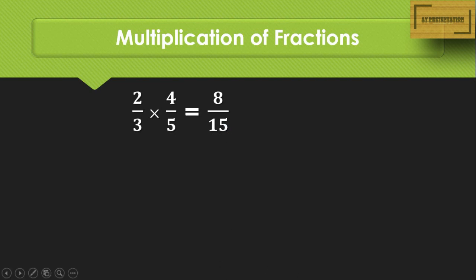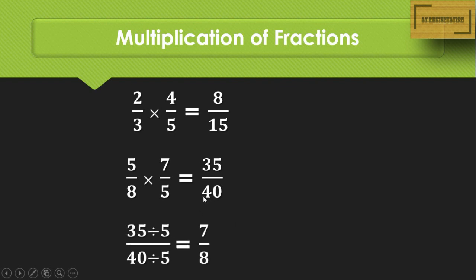Now check another example. 5 upon 8 multiplied by 7 upon 5. 5 multiplied by 7 is 35, and 8 multiplied by 5 is 40. Now observe the fraction 35 upon 40. If both numbers are completely divisible by some number, then you must divide both numbers.